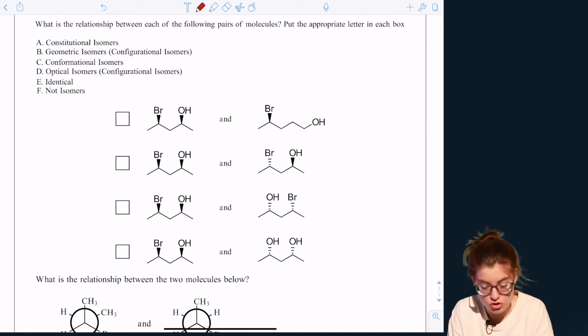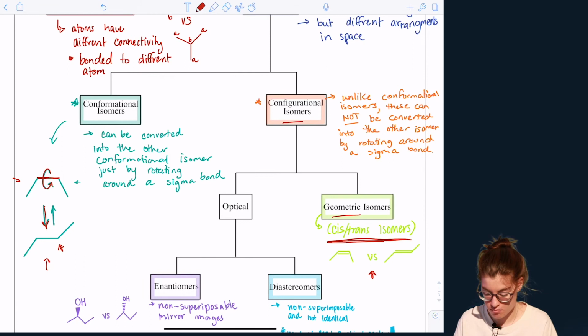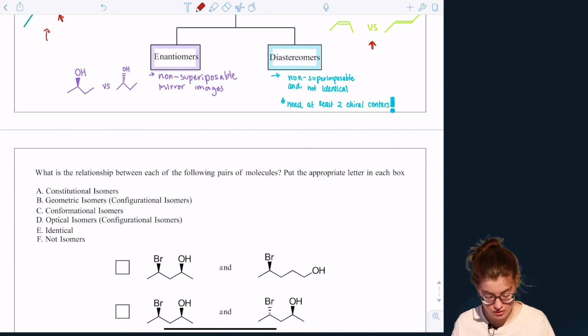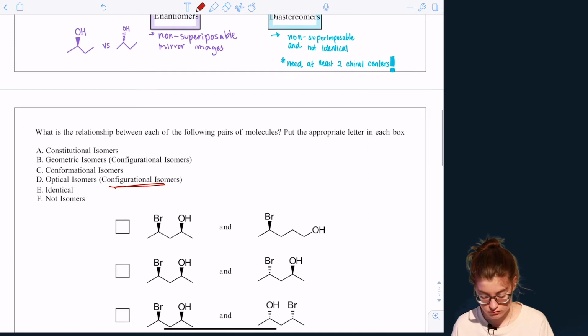Now remember, geometric isomers are a type of configurational isomer. Conformational isomers, optical isomers, which is also another type of configurational isomer. Are the molecules identical, or are they not even isomers at all?